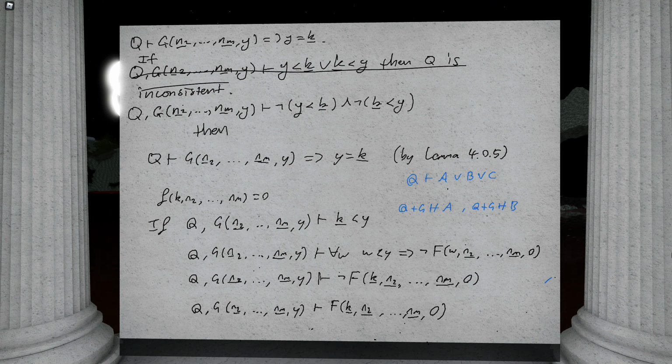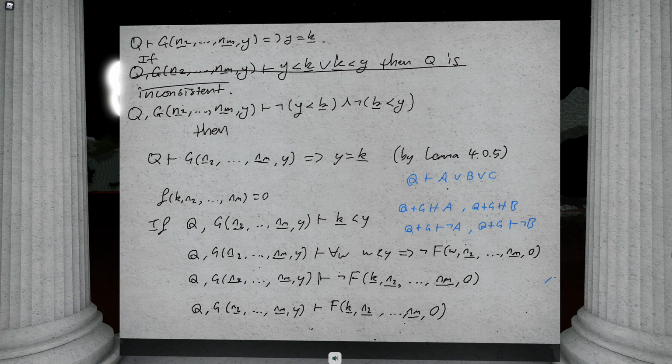I don't think you can get there. You could get there if you had Q plus G can prove not A, and Q plus G can prove not B. Then you could get that it can prove C.